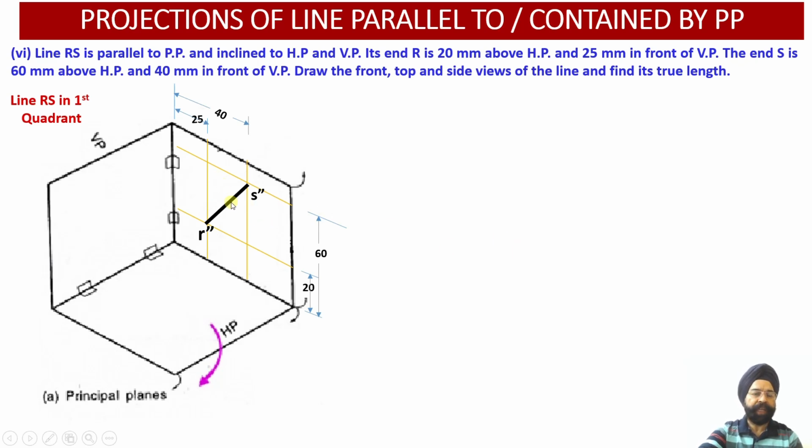Now, having obtained the true length, I need to draw the projections in the front view as well as in the top view. I want to look from the front. As the observer looks from the front, these points R double dash and S double dash will project on this particular position. This point will be R dash, this point will be S dash. I am showing it over here so that I can show you the unique points.